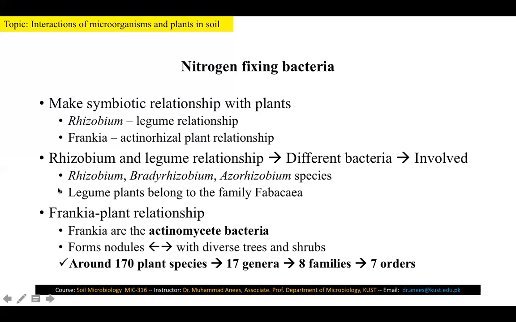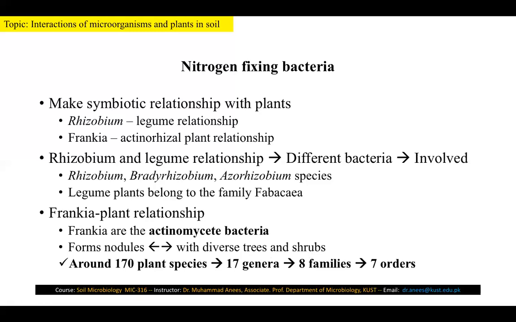The other relationship is the Frankia plant relationship. Frankia are also bacteria. These are the actinomycete bacteria. They also make nodules like rhizobium with diverse trees and shrubs.